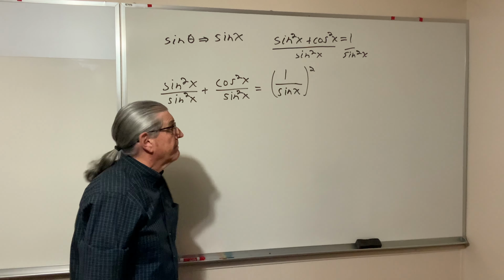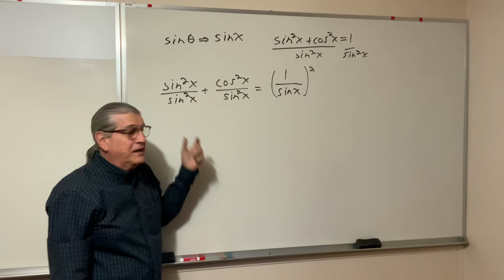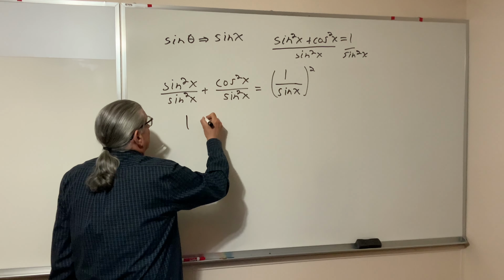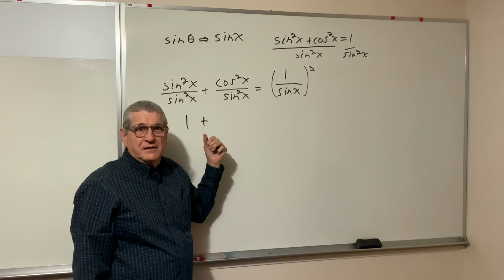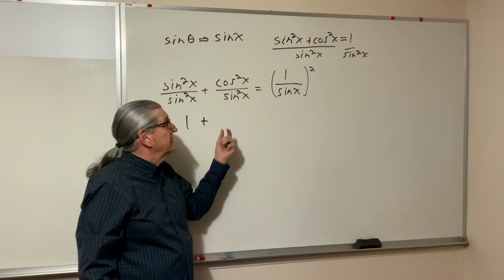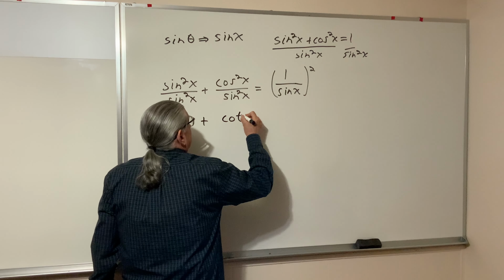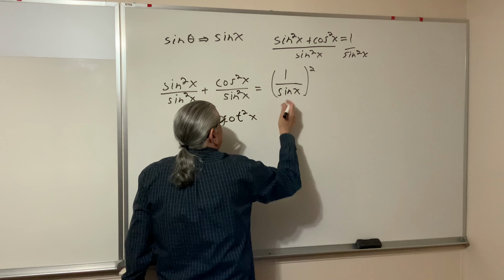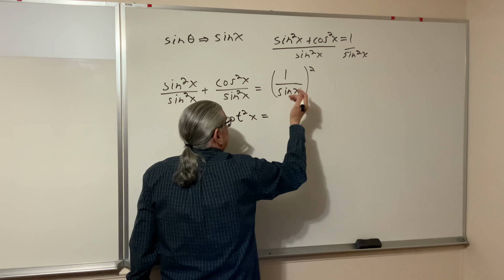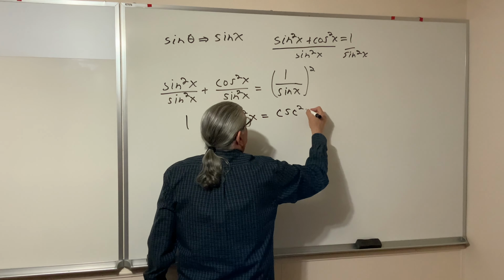Same thing. So now, these are the same, so they cancel. This is 1. And what is the cosine divided by the sine? That's the cotangent, but it's squared. So this is the cotangent squared x, and 1 over the sine is the cosecant, so it's now the cosecant squared x.